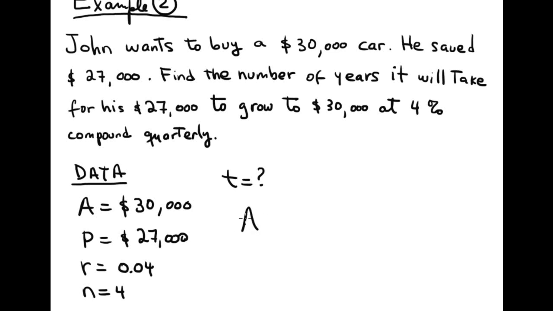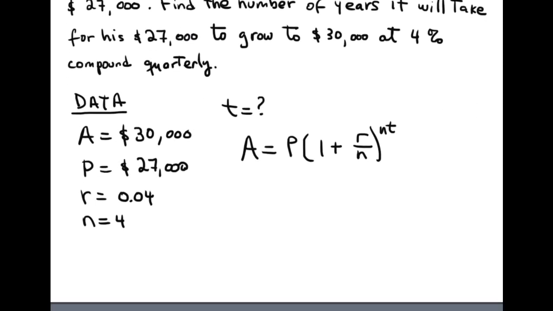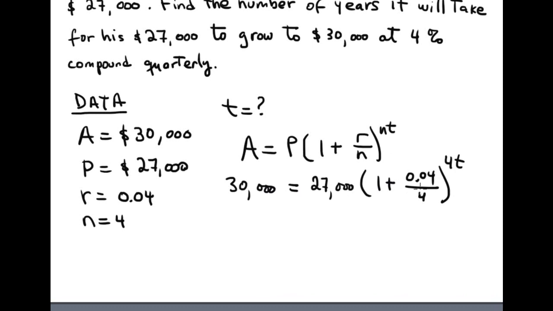Okay? Now again we start with the formula. The formula is future value is equal to present value, parenthesis 1 plus R over N, to the NT. Okay? Substitution. What is future value? Future value is 30,000. Present value is 27,000. 1 plus R is 0.04 divided by 4, and NT is 4 times T. And manipulate to solve for T. This is a typical exponential equation.